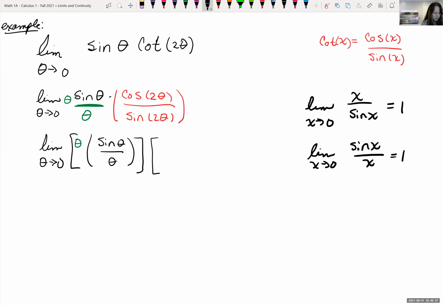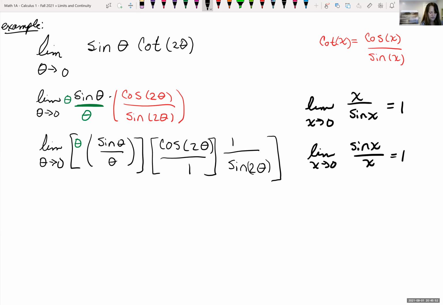All times, let's just rewrite this as cosine of 2 theta. If you want to, you can put that over 1, but we don't need the 1. And this is 1 times sine of 2 theta. So we're trying to get the same argument of this sine in the numerator. I know I need a 2 theta up there, but hey, we already put a theta up here.